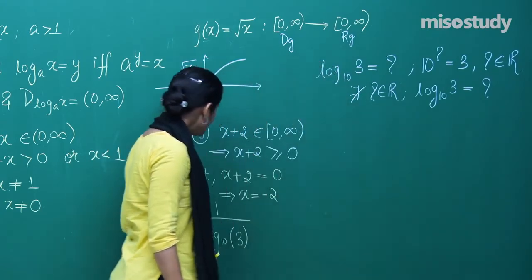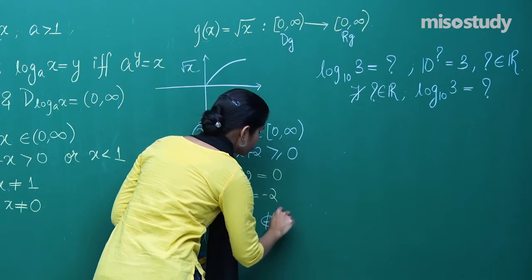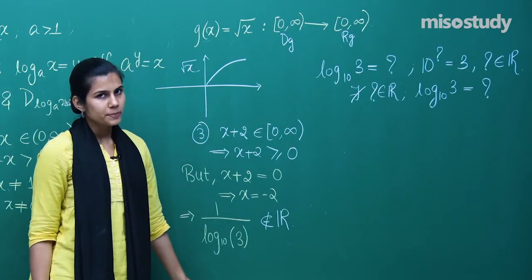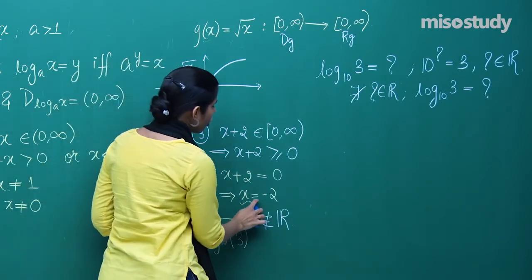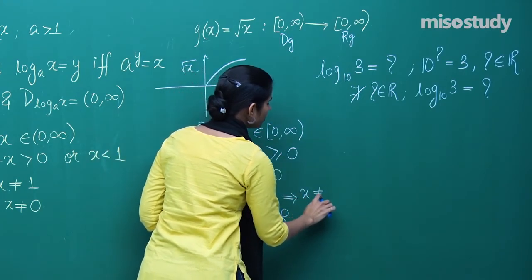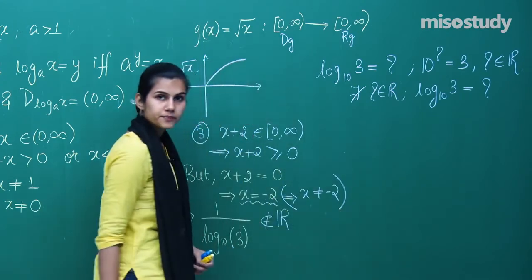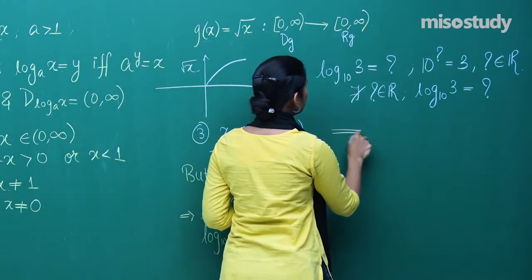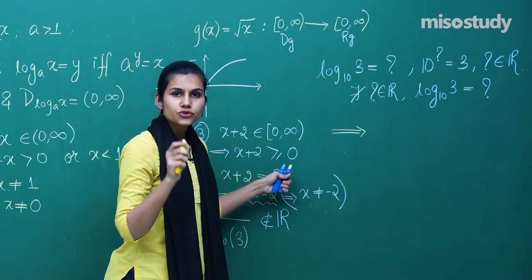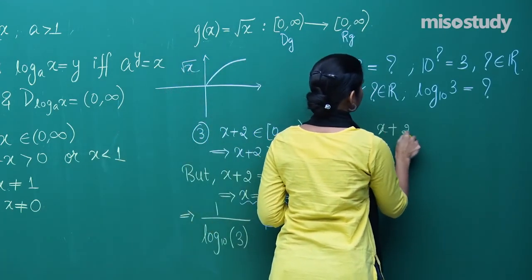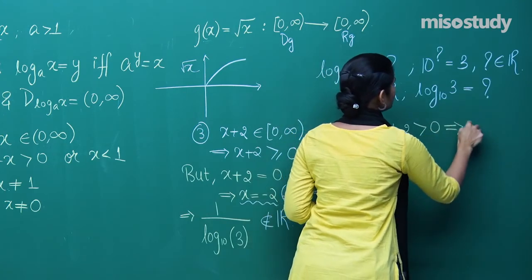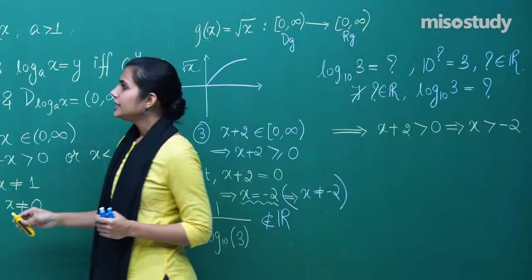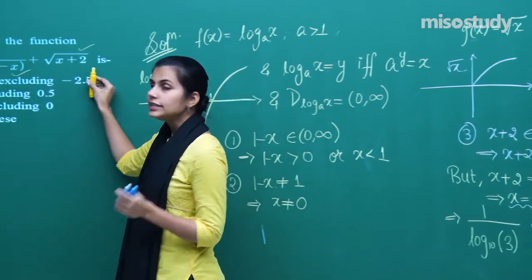That means log 3 to the base 10 does not belong to R. There is no real number which is equal to 1 upon log 3 to the base 10, which means x cannot be equal to minus 2, and therefore x plus 2 cannot be equal to 0, and thus this implies x plus 2 has to be strictly greater than 0, which implies x is greater than minus 2 for the entire expression of f to be defined.